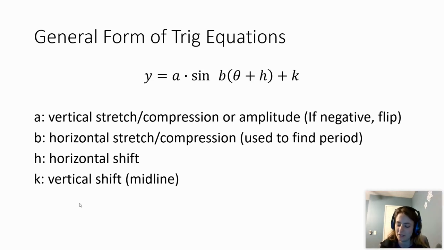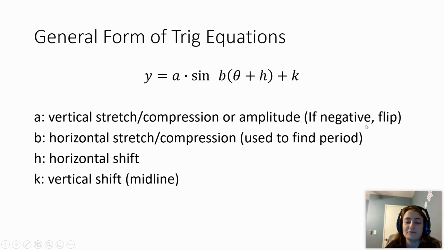Okay. So now we have this general form for trig equations, where we have all of the transformations in there. We got reflections, vertical horizontal shifts, vertical horizontal compressions or stretches. So let's define all of the parts for this equation here. A, as we saw before, we know that's that vertical stretch or compression, or it's the amplitude.